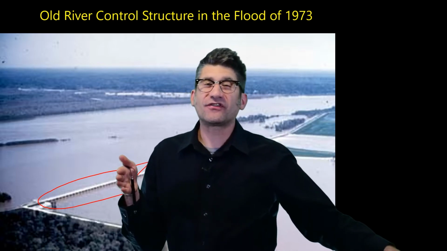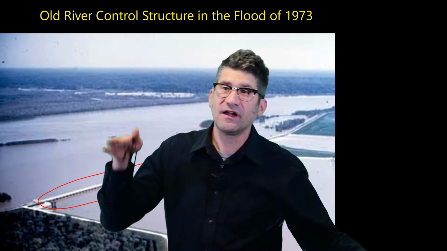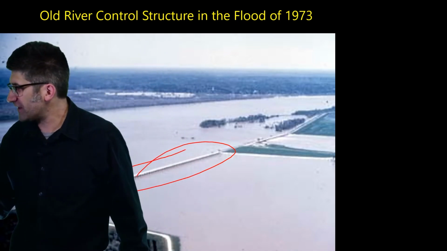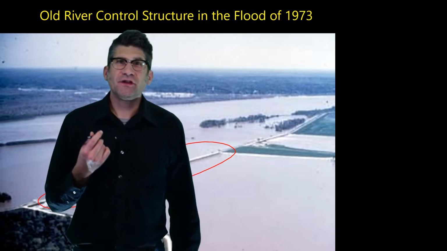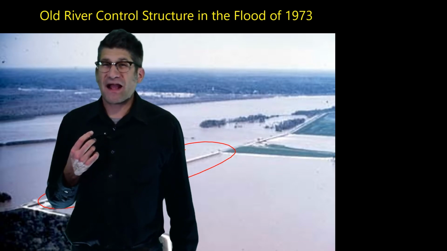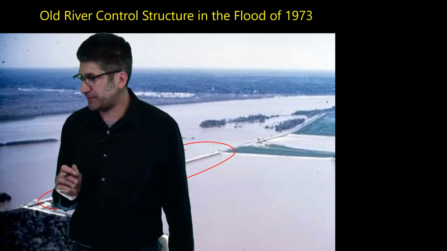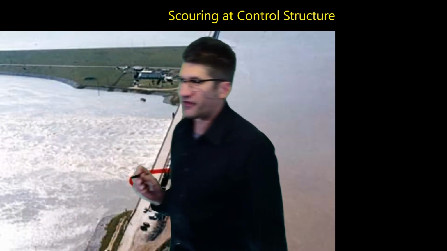And then the Mississippi River becomes a distributary of the Atchafalaya River. And so this is it. If this thing fails, then essentially New Orleans becomes a backwater and not the main water courseway for the Mississippi River. There was substantial scour on the Mississippi River at the structure.